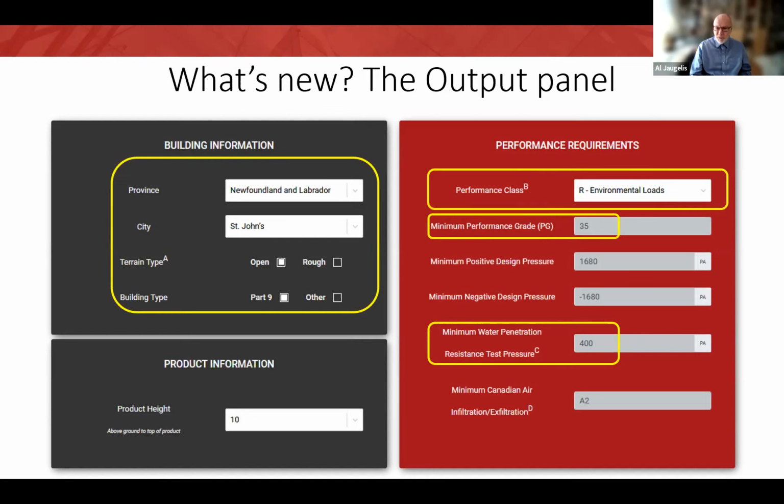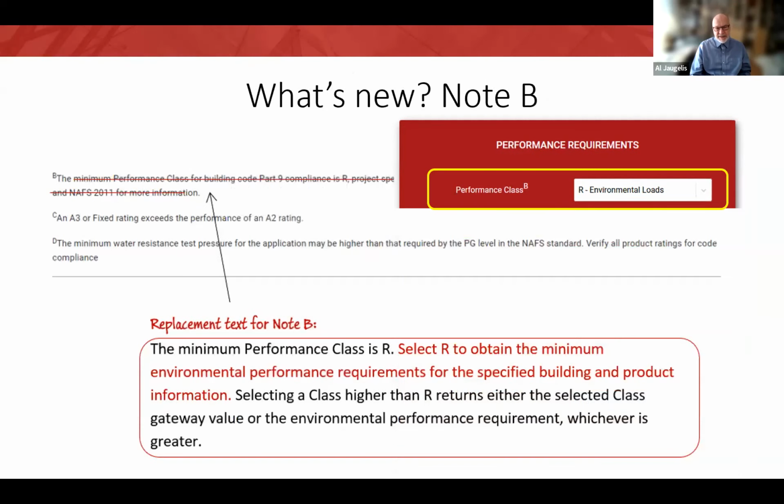So here's the thing, performance class. We wanted people to understand why class R is often the right thing to choose, even if somebody might want another class, because it tells you something that you don't know when you choose another class.